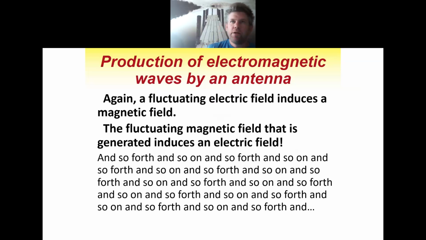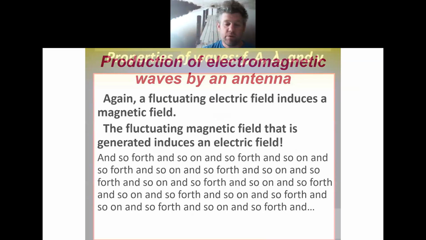A fluctuating E field induces a magnetic field, which in turn, the magnetic field induces an electric field. And by this oscillating, this flipping, this role reversal, we see that this is how we're able to make those electromagnetic waves happen for us. One changes into the other, the other changes back to that one, and so on and so forth.